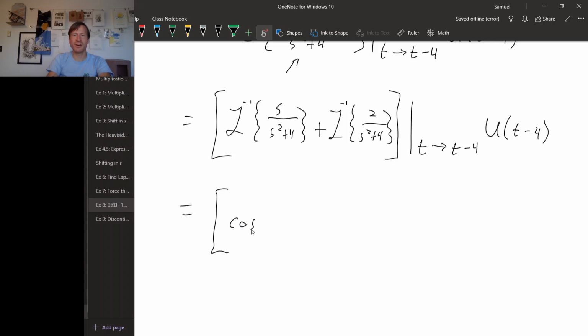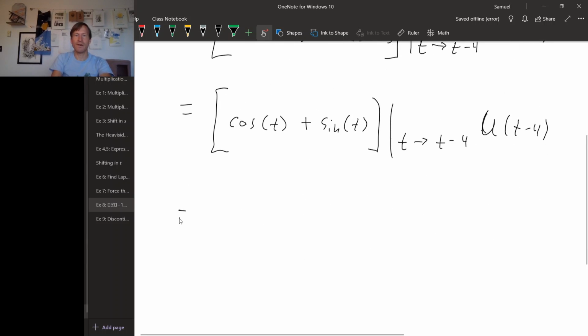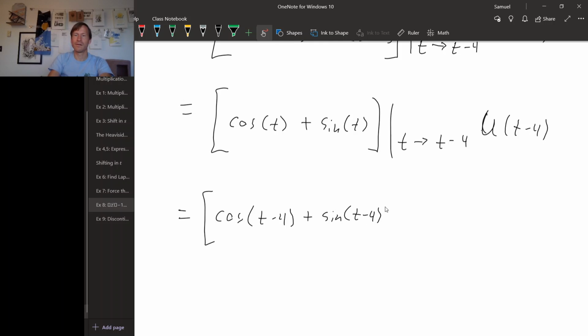The first one is cosine of t, and the second one is sine of t. Then we do our shift, replacing t with t minus 4 and multiplying by the step u of t minus 4. So our final result is cosine of t minus 4 plus sine of t minus 4, all times the step function u of t minus 4.